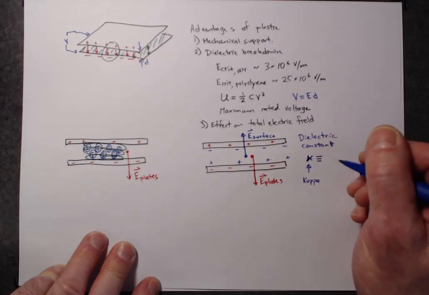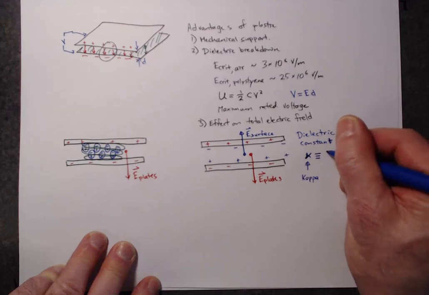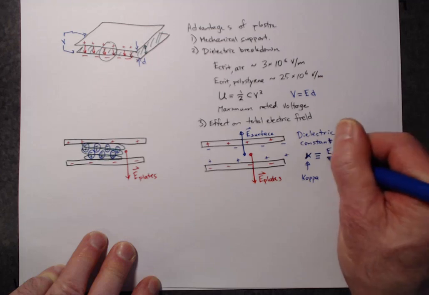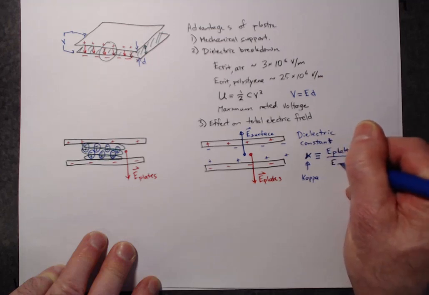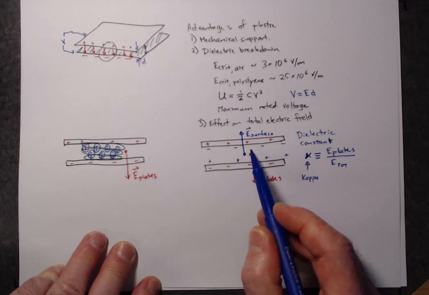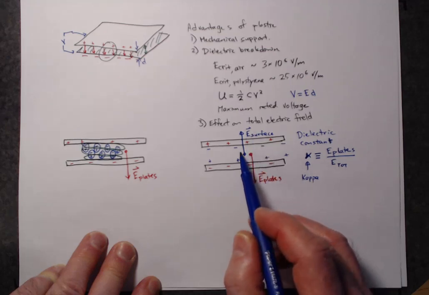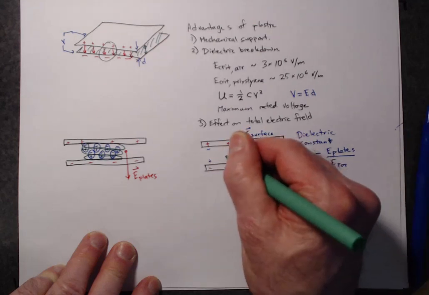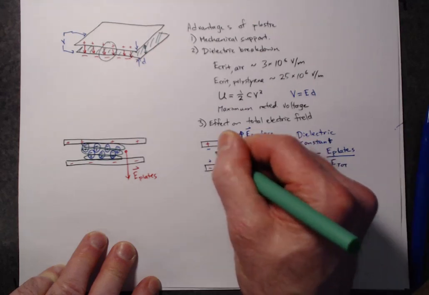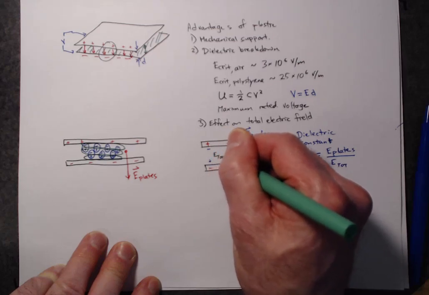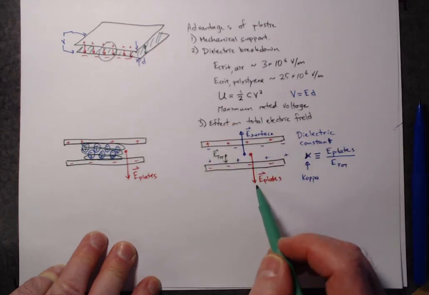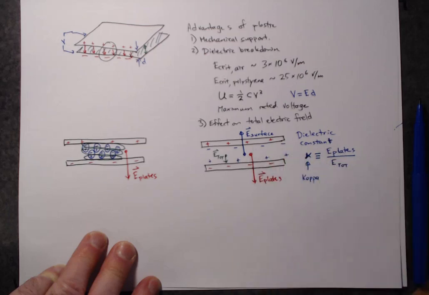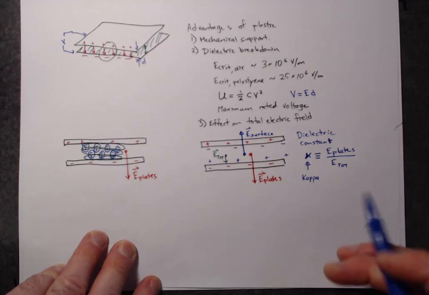Dielectric constant is defined to be the magnitude of the electric field due to the plates divided by the total electric field. So here we can see the electric field due to the surface charges cancels most of the electric field due to the plates, and so that's going to leave a total electric field that's much smaller than the electric field due to the plates. Therefore, if we're inside a plastic, kappa is a number that's pretty big.